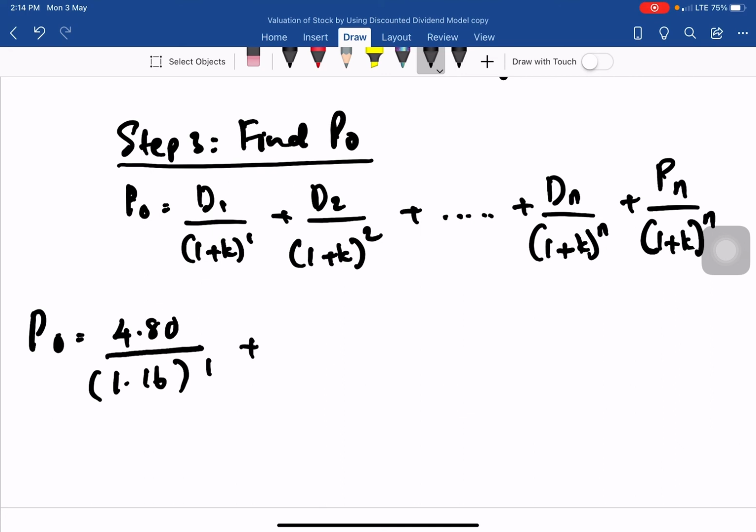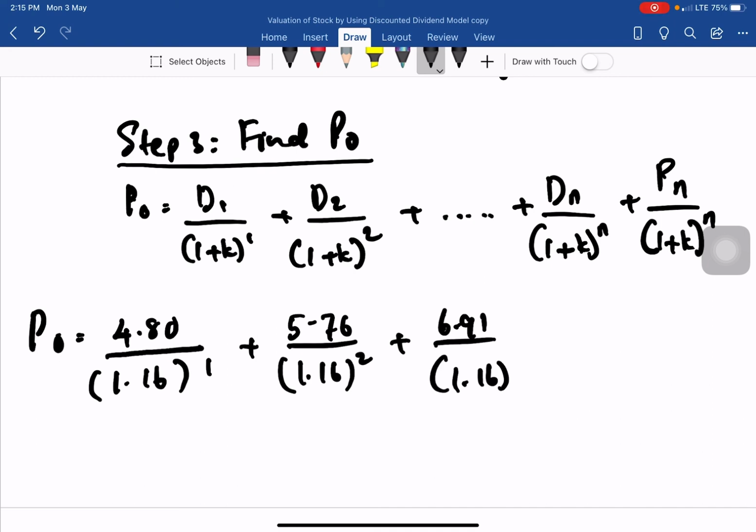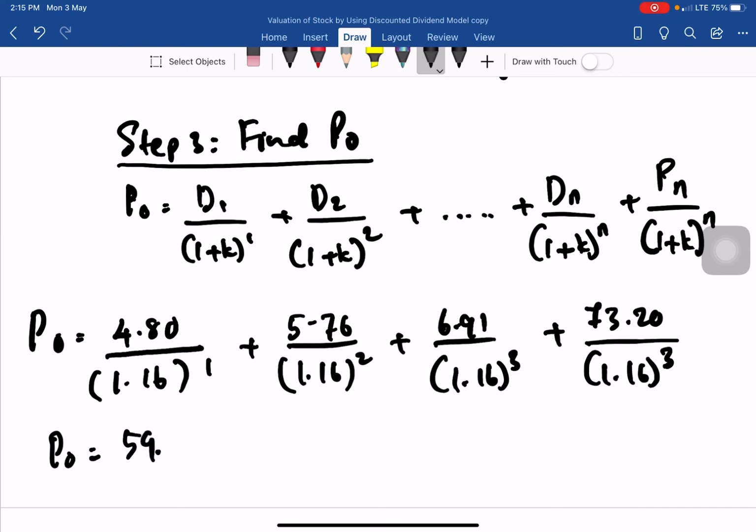Plus D2, RM5.76 over 1.16 power of 2. Plus D3, RM6.91 over 1.16 power of 3. Plus P3 yang kita kira tadi, RM73.20 divided by 1.16 power of 3. Okay, so when you work out this one, you will get P0 is equal to RM59.74. Okay. Alright, so that's all for this video. Thank you.